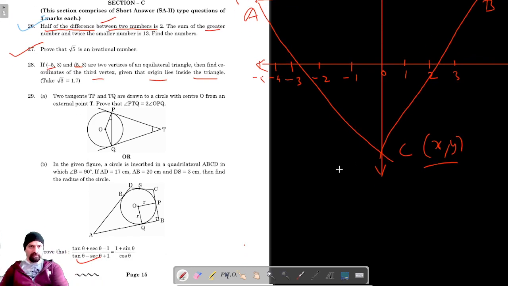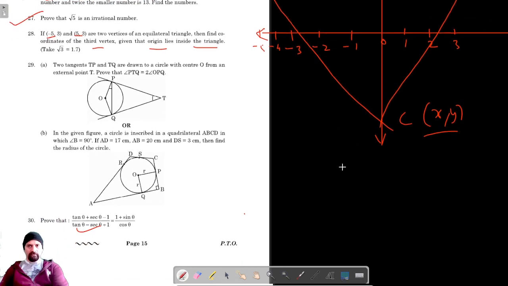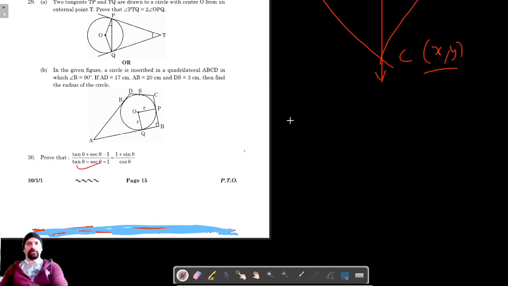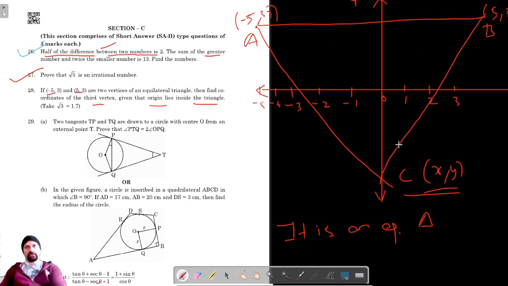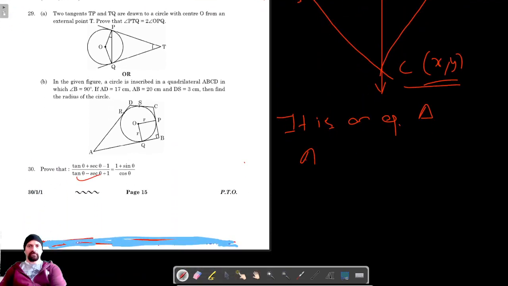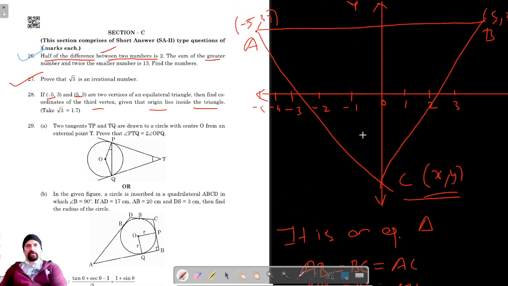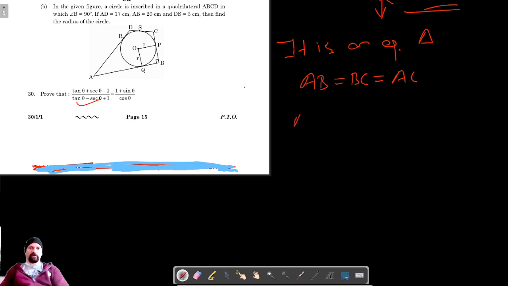Because it's an equilateral triangle, AB is equal to BC is equal to AC. For the third vertex we have assumed that the coordinates are x comma y. We can easily find AB, so let's find AB.